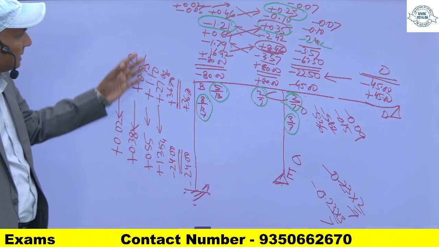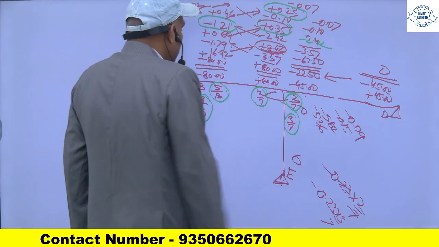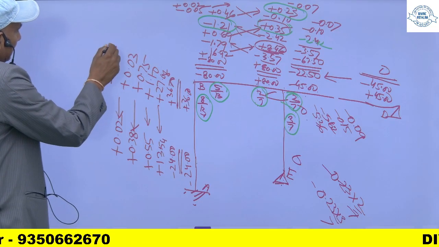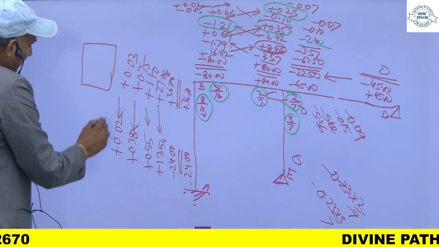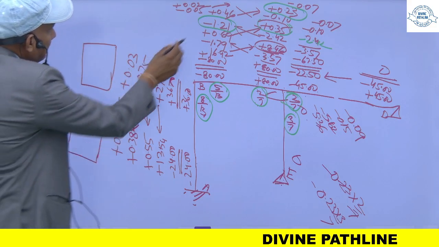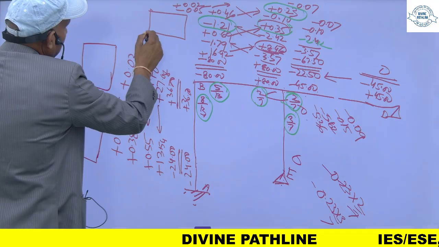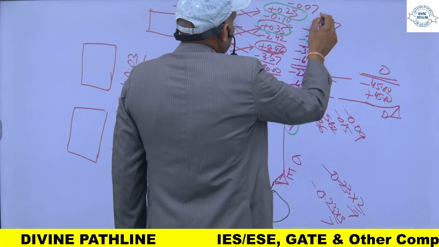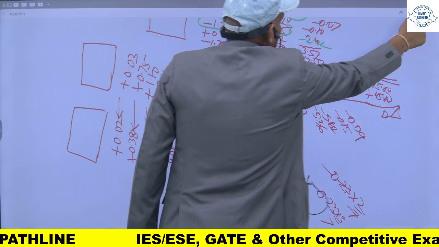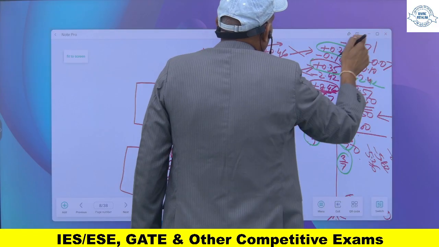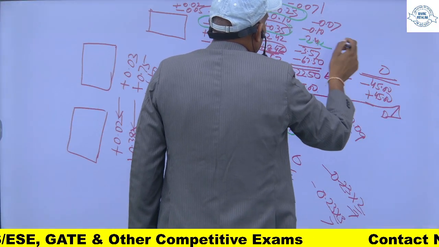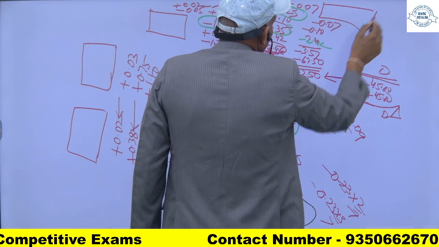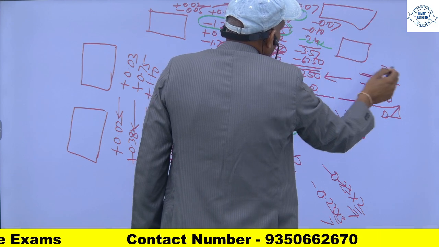So this value was very less. So now I can sum up. So sum of this, sum of this, sum of this, and sum of this, you can say here it is 0.